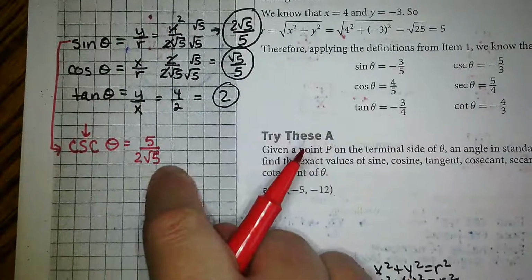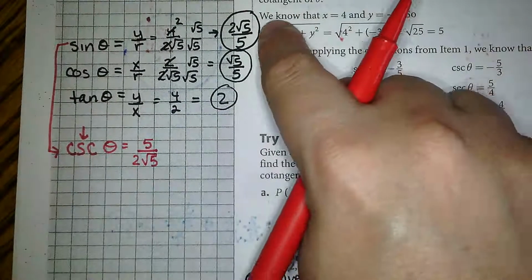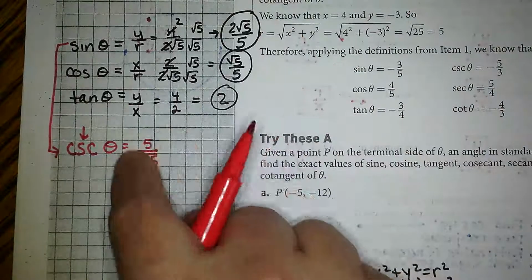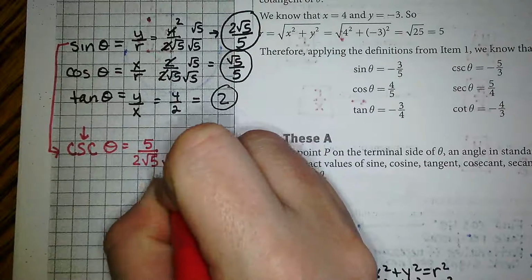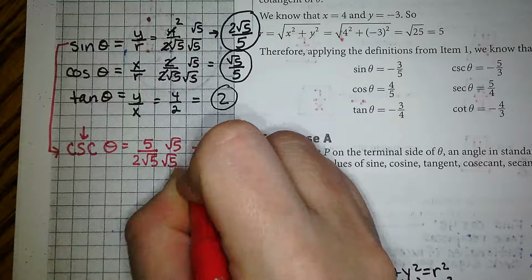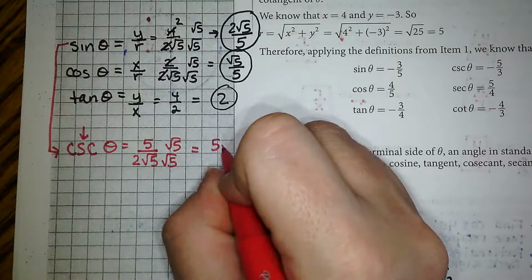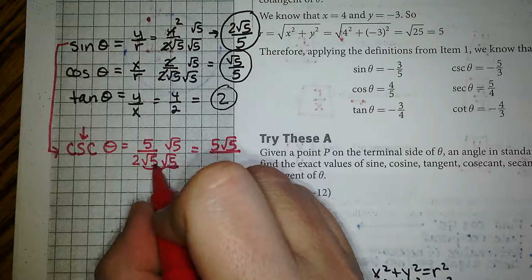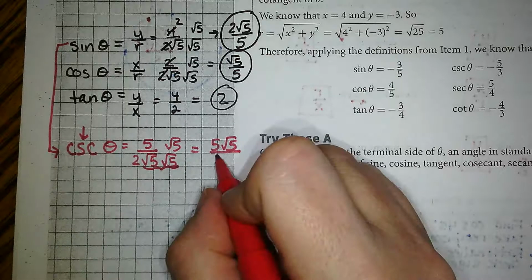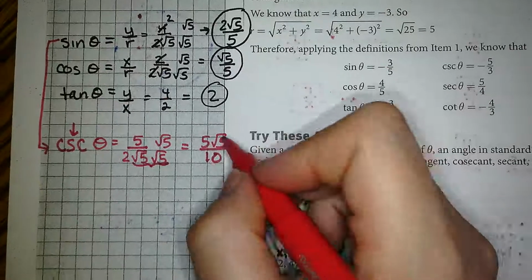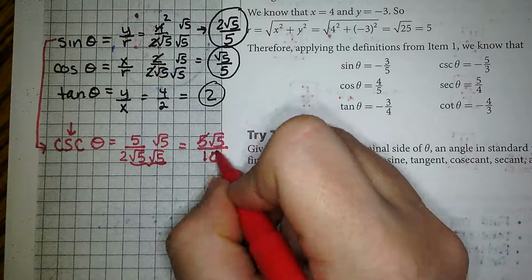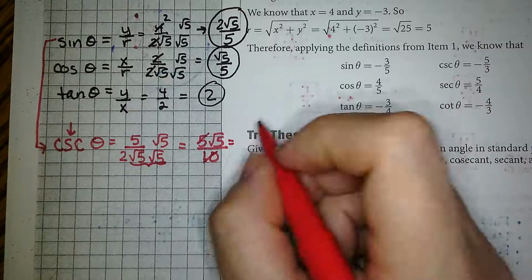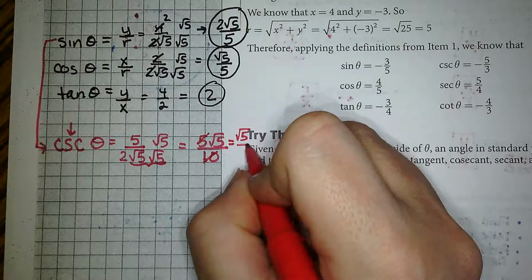And then all I need to do with this, because all I did was take the reciprocal of sine, is rationalize it. So I multiply top and bottom by radical 5, and I get 5 radical 5 over, this becomes 5 times 2, which is 10. And then you can reduce that, and you get radical 5 over 2.